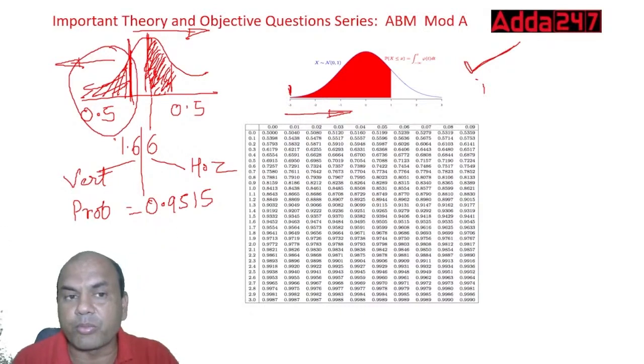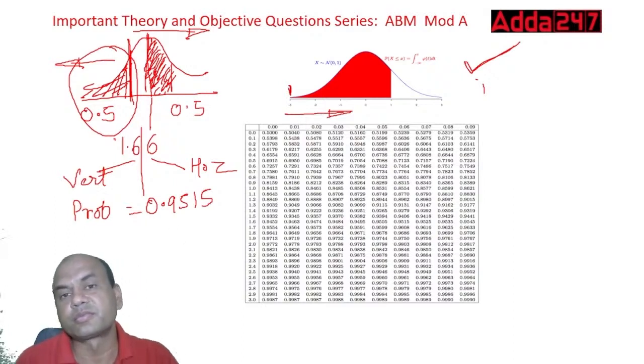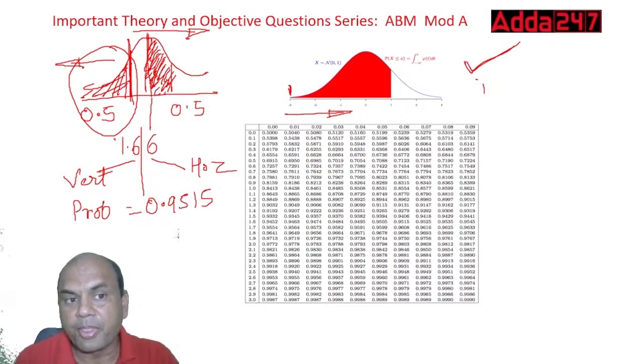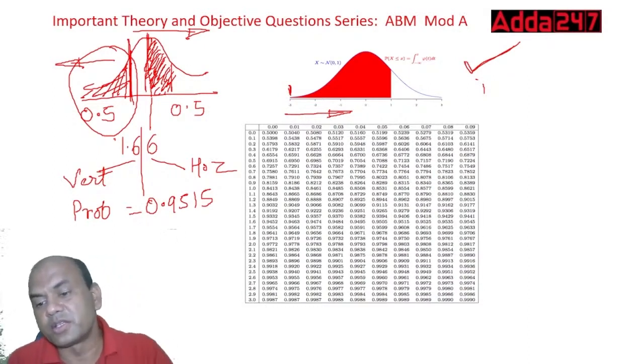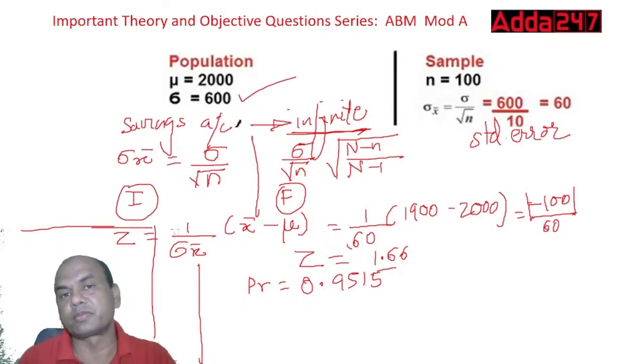And 0.9515 is the answer I've got. So my answer over here is luckily the same, 0.9515, because I'm counting from the left side and I've got the area of the left side only. That's why my probability over here is 0.9515.